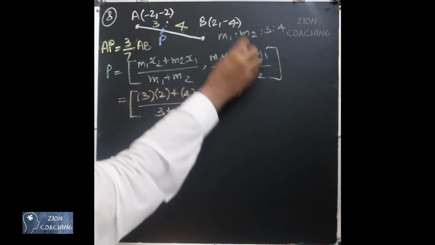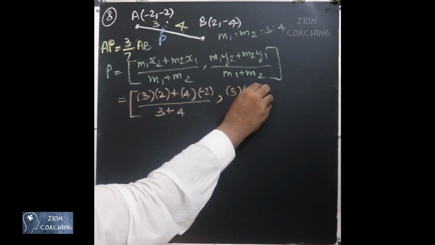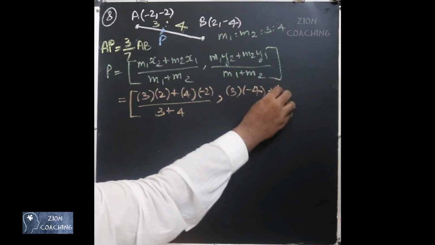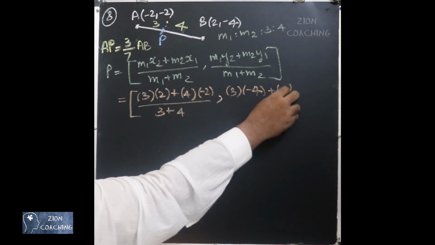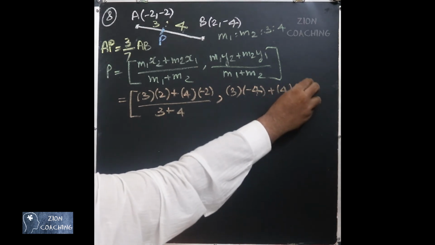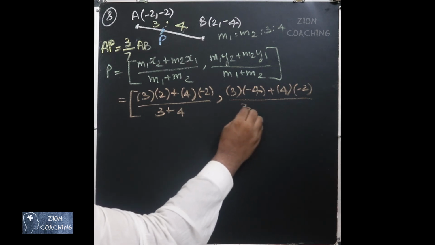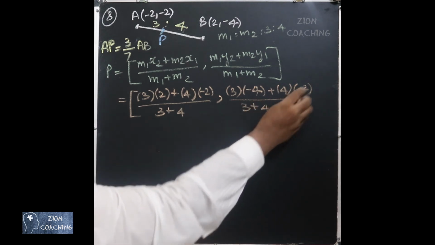You can see that your y2 is -4, plus m2 into y1, which is -2, divided by m1 plus m2.